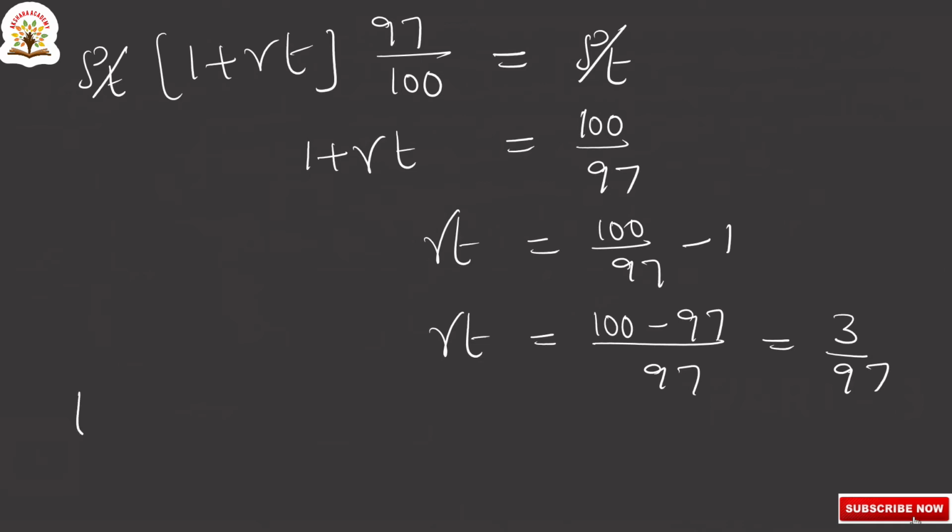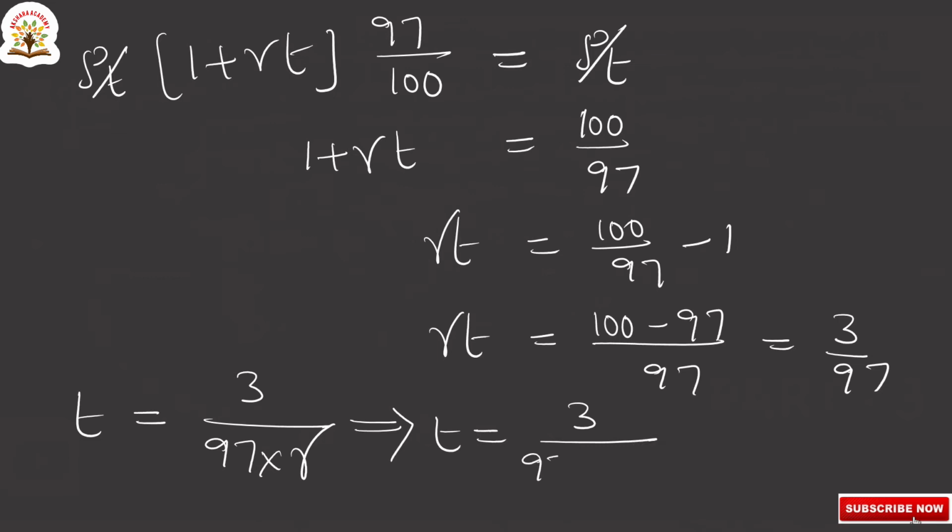Now T is equal to 3 by 97 into gamma. That implies T is equal to 3 by 97 into gamma, which is given as 3 into 10 to the power of minus 4. The 3 gets cancelled. 10 to the power of minus 4 can be written as 10 to the power of plus 4 in the numerator.